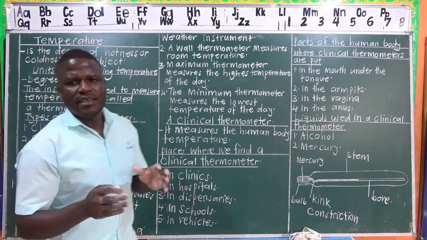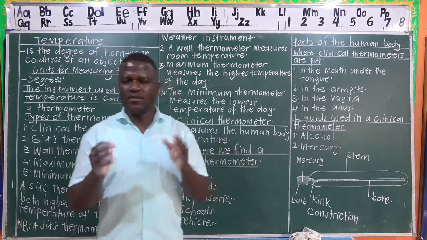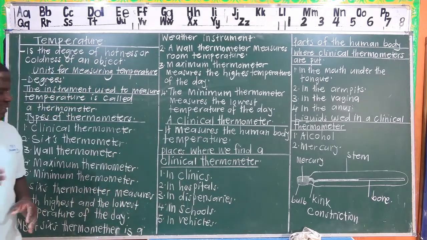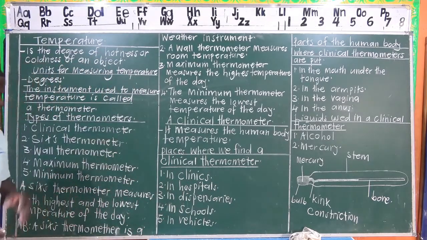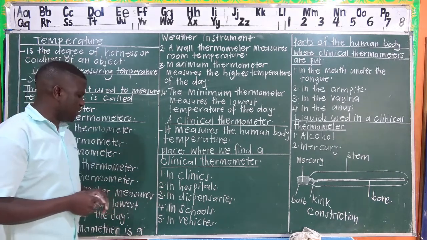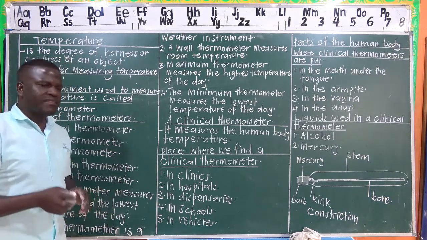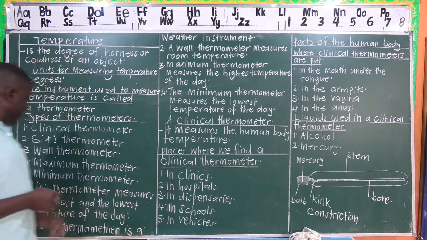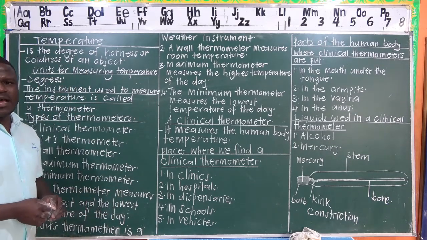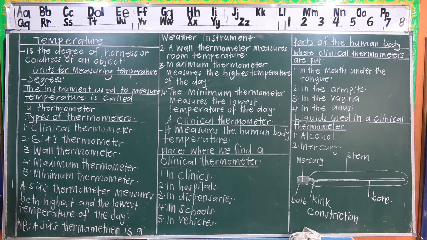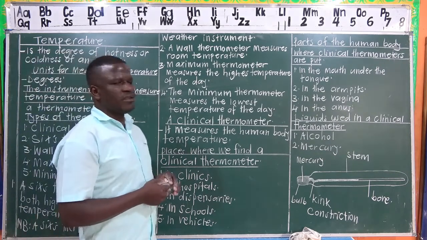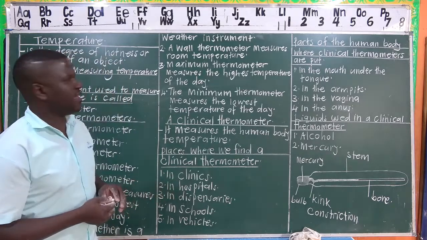Something you need to note is that a 6-inch thermometer is a weather instrument. So it can measure the highest and the lowest temperature of the day.